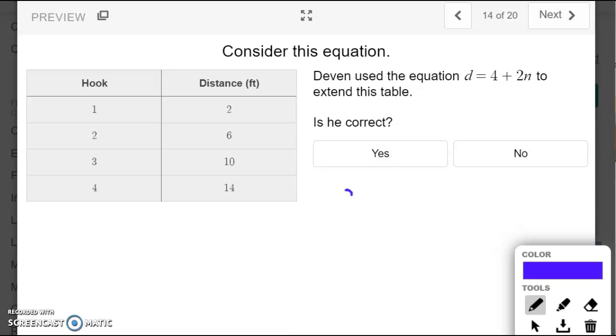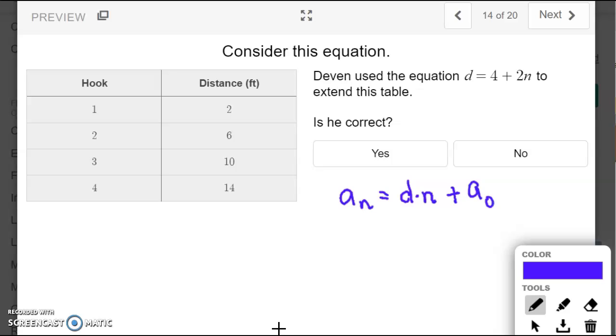Remember, the general equation for an arithmetic sequence is a sub n, the value of the nth term, is the common difference multiplied by the term number, plus a sub 0, the zeroth term value.